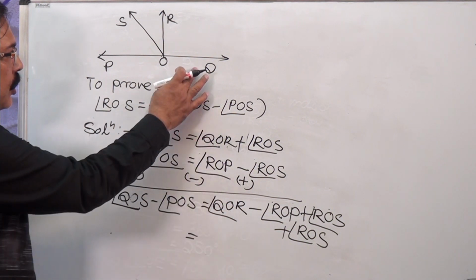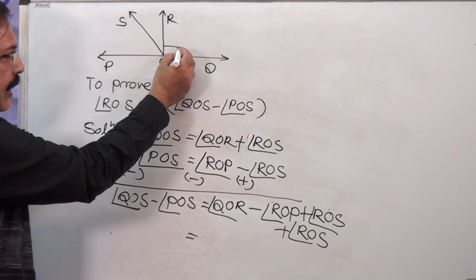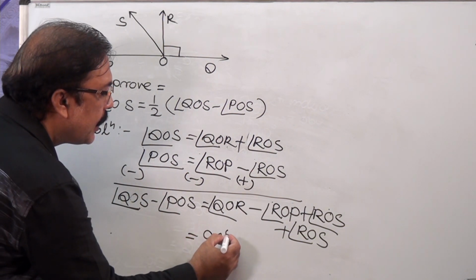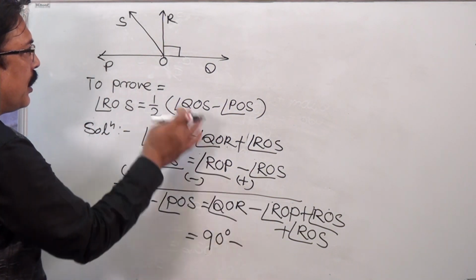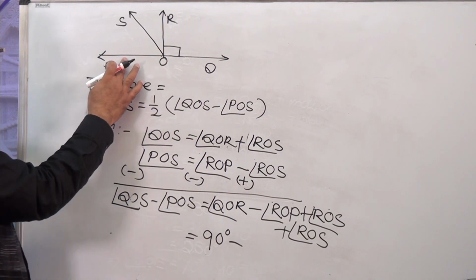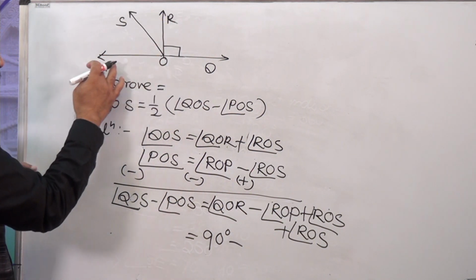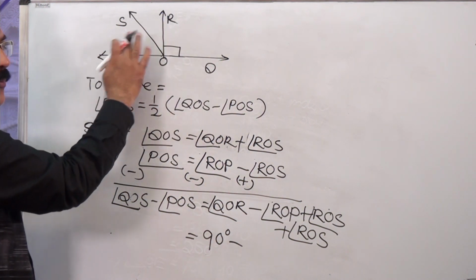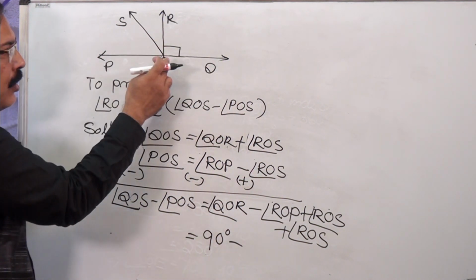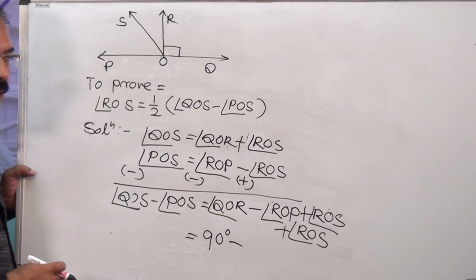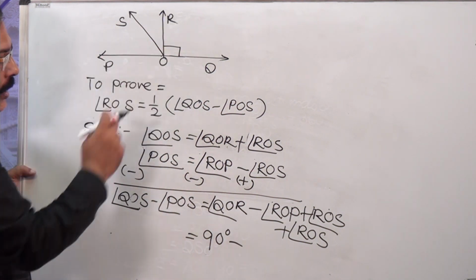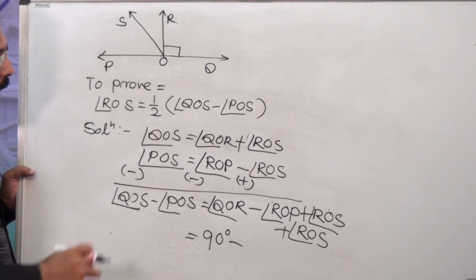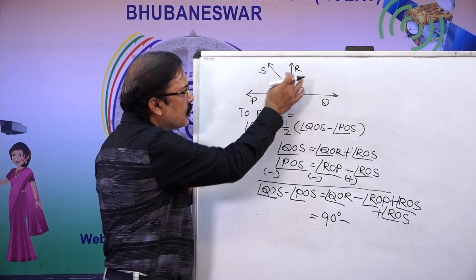QOR is 90 degree. So 90 degree minus what is ROP? ROP is also 90 degree, as ROP and ROQ are a linear pair. PQ is the line, OR is the ray on it. So these two are a linear pair. One of the angles is 90 degree, so the other angle is also 90 degree.